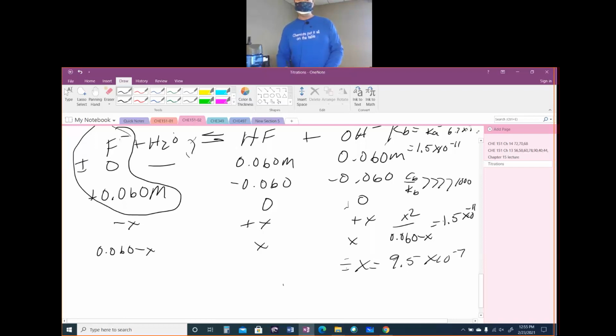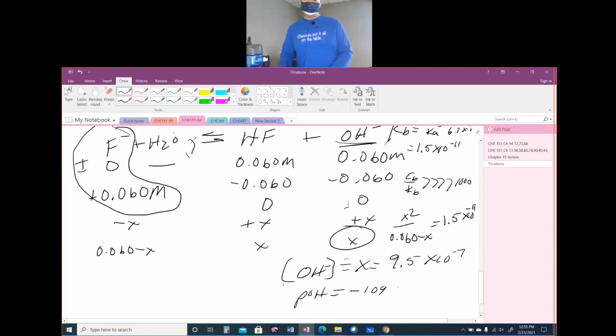So again, X could be whatever X is. Is it H plus? Is it OH minus? Is it neither one? You have to know what X is. So X in this problem is your OH minus. You're going to take the pOH by taking the negative log of the concentration of OH minus.